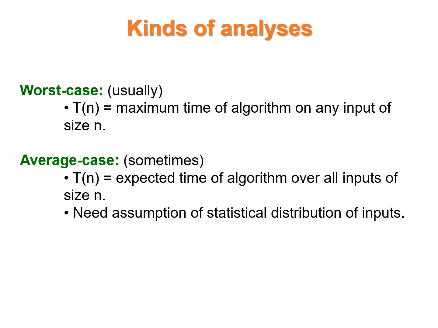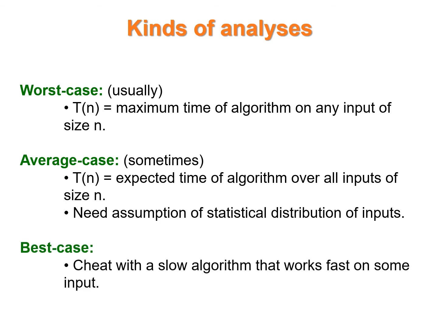The second type, average case: T of n is the expected time of the algorithm over all inputs of size n, which needs an assumption of the statistical distribution of inputs. The third type, best case: cheat with a slow algorithm that works fast on some input.